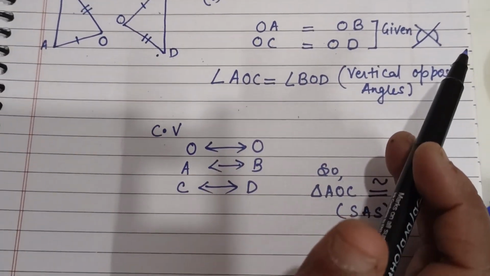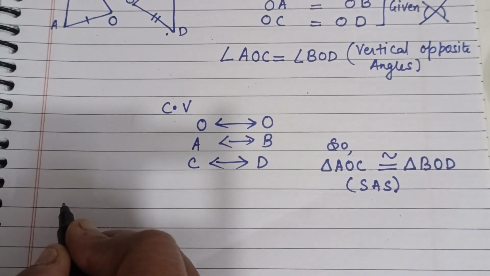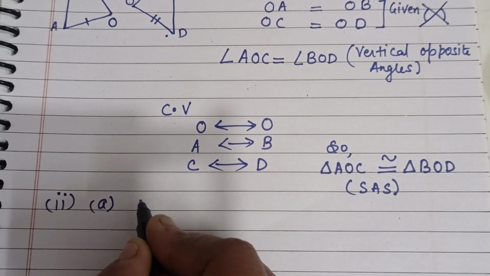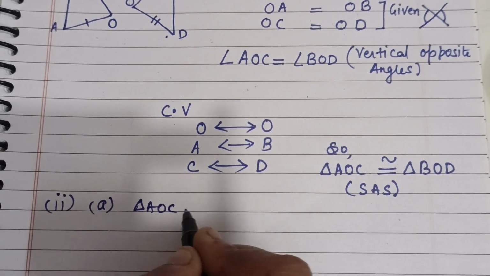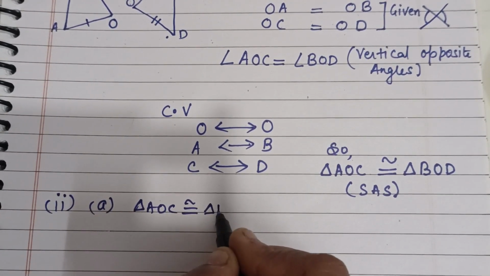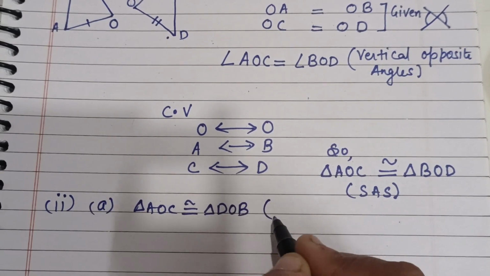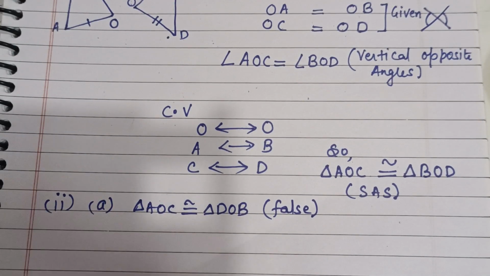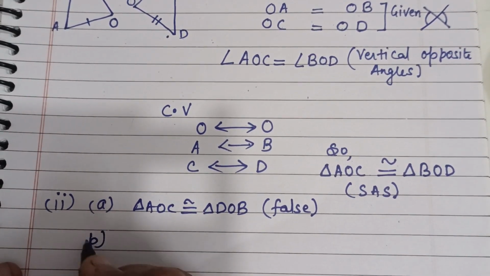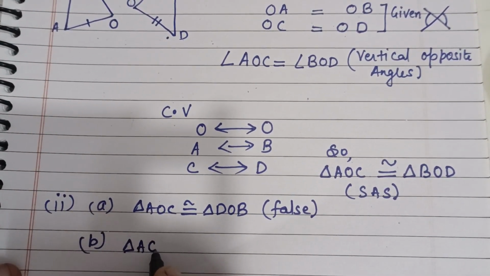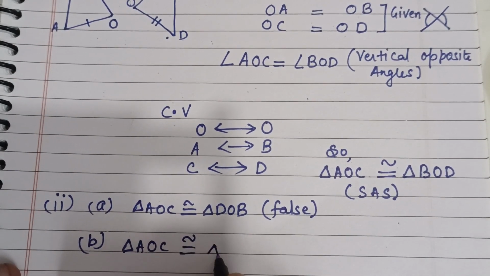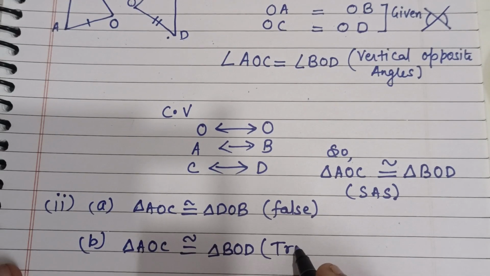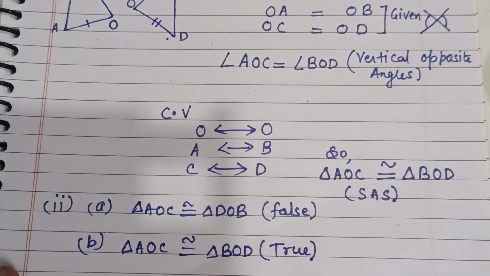In the second part we can see that triangle AOC congruent to triangle DOB is false, because in this format they are not congruent. While triangle AOC congruent to triangle BOD is true. In this way, they are congruent to each other.